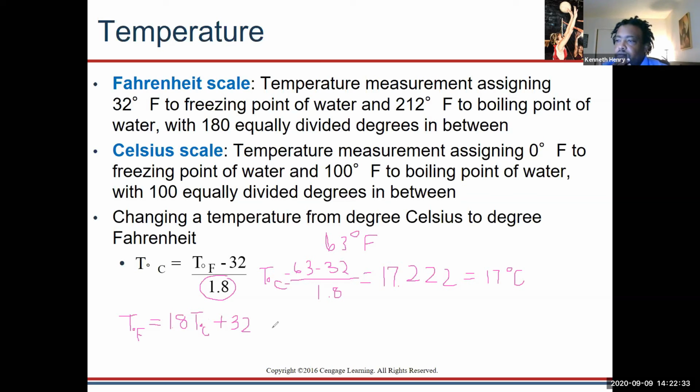Okay, so let's say we have 100 degrees Celsius, which is the temperature that water boils at. So what is going to be the temperature in Fahrenheit? Oh, actually, let's do 37. So 37 degrees Celsius is the ideal temperature that yeast grow at.